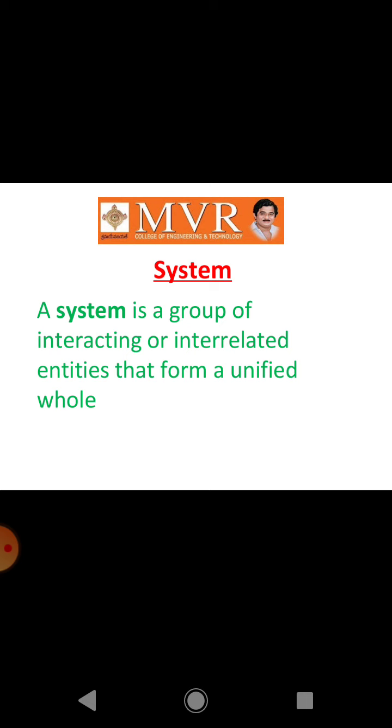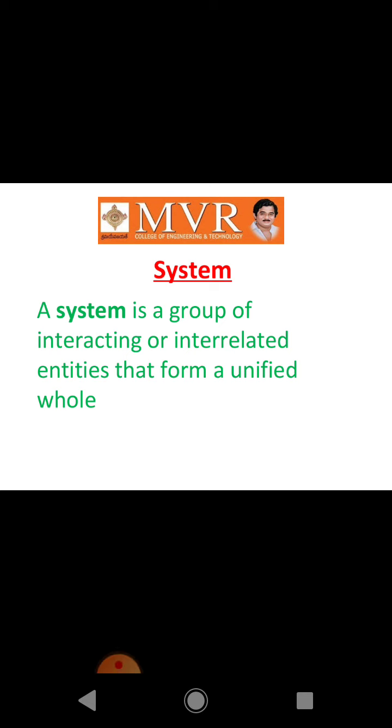Here you can see the word entities. In an electronic system, these entities can be called as components. In a mechanical system, these entities can be called as components or parts. So, in an electronic system, these entities are called components.